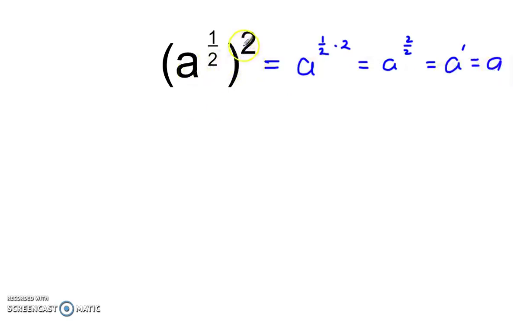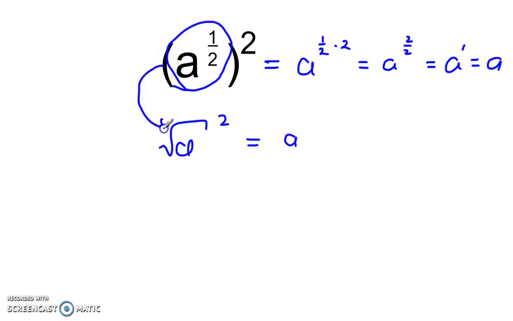What other number, if I square it, do I get that base? Well, the square root. If that's squared, that also gives me the base. Knowing that if I square the square root, I get the base, means that this must be equal to that expression. So a to the power of a half is the same as the square root of a.